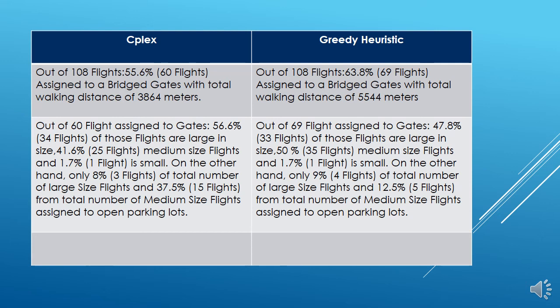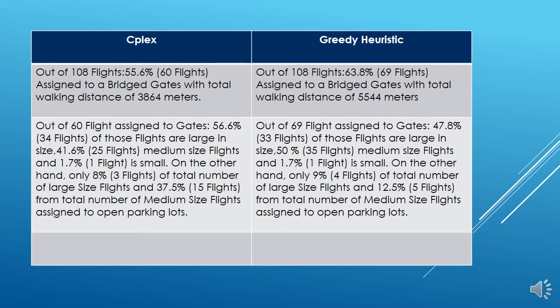But here the walking distance with the greedy heuristic is more, because in the greedy heuristic we put more weight on assigning more flights to the gates, while in simplex the weight was given more to minimizing the distance of the flights.